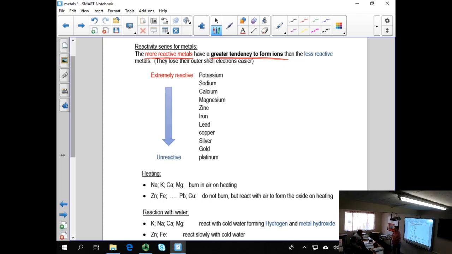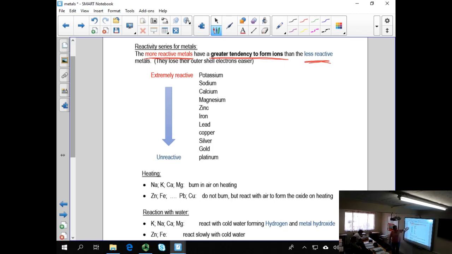Those with the lowest would be the most reactive because they easily give off their outer shell electrons. The less reactive ones tend to hold on to their outer shell electrons more than the more reactive ones. So we can set up a reactivity series. You know the group 1 metals are more reactive as we go down the group. Similarly, the group 2 metals also.